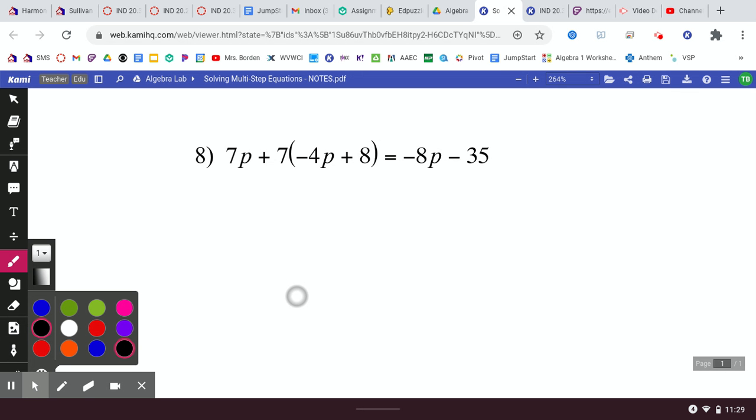And technically, what we should have put as step 1 up there in those steps that we wrote was distribute if needed.